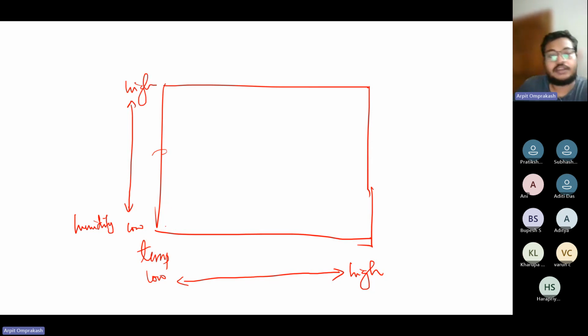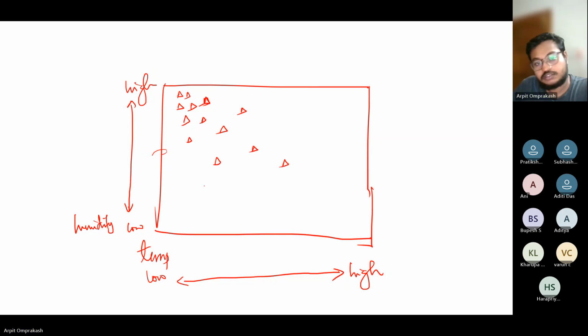What Gleason means is that there might be different species that favor different climatic conditions, and due to chance dispersal they might be forming a community. For example, this species mostly likes to stay in a place that has low temperature and high humidity, but there are some individuals that are also found in other areas. Similarly, we might have another species which is mostly found in high temperature and high humidity areas, but some of the individuals have dispersed to other areas as well.